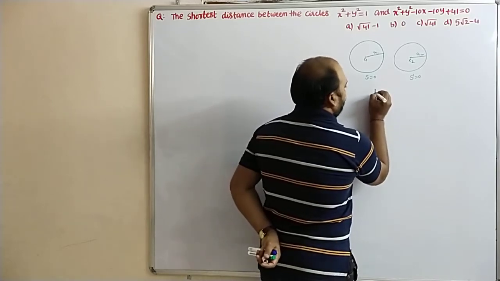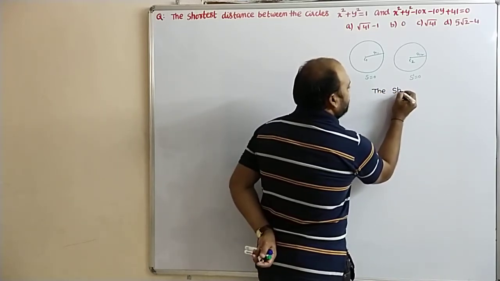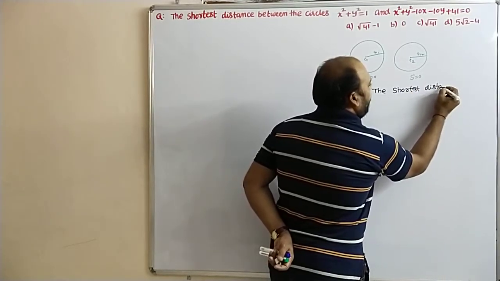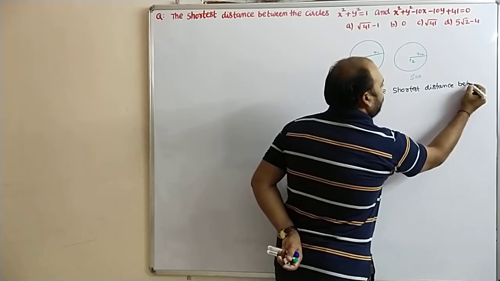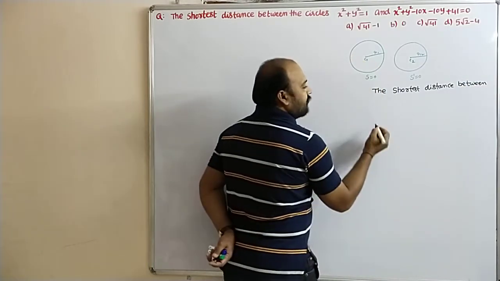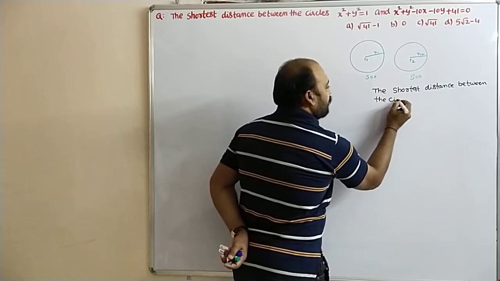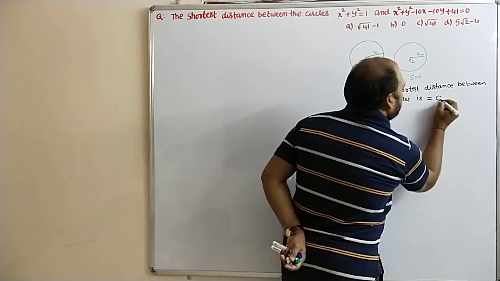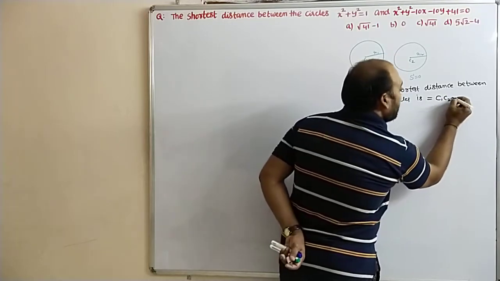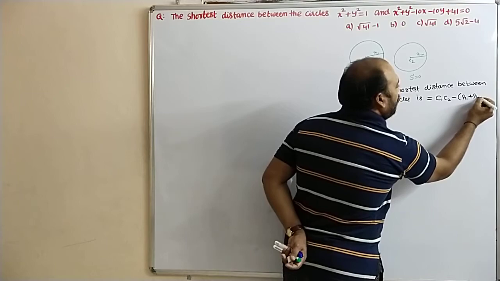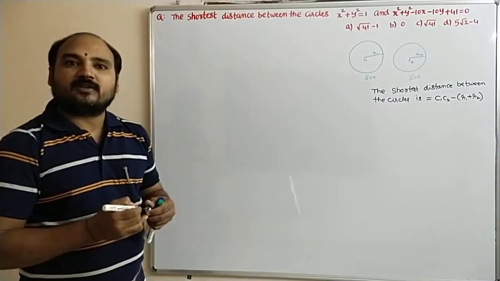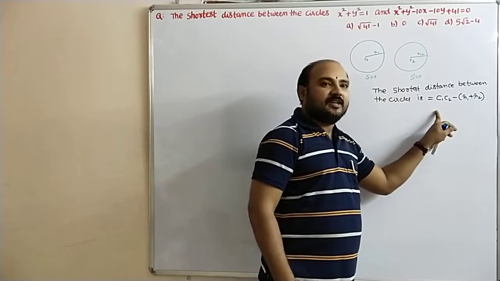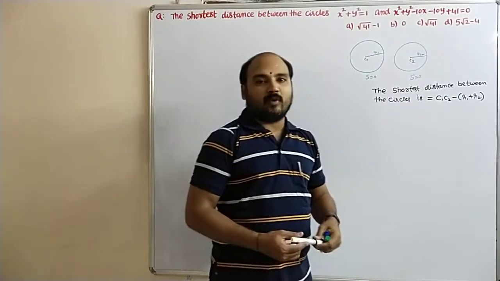Here, the shortest distance between the circles is C1 C2 minus (R1 plus R2). This is the shortcut formula. Shortest distance between the circles is C1 C2 minus (R1 plus R2).